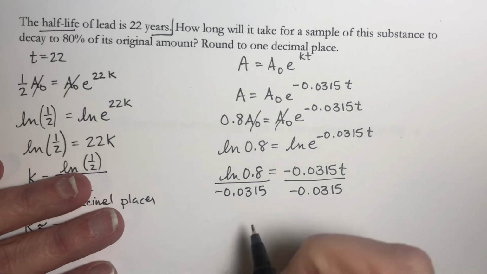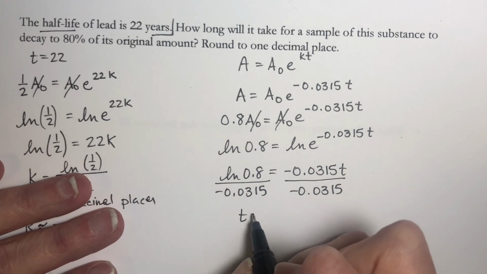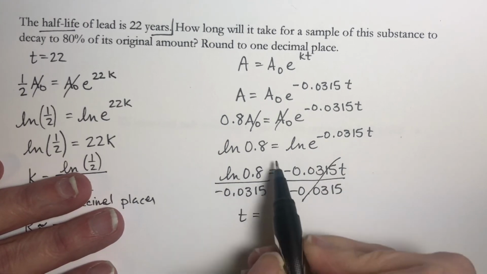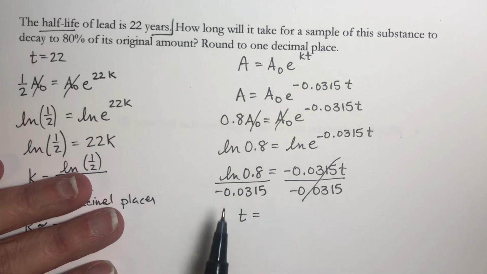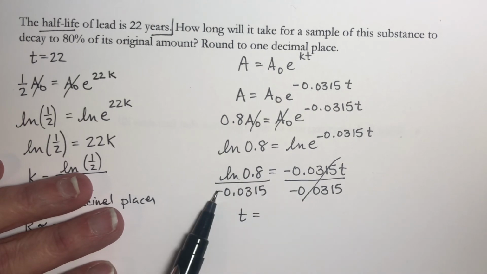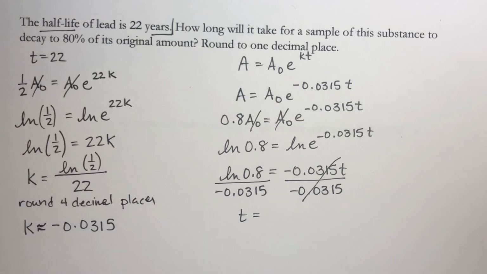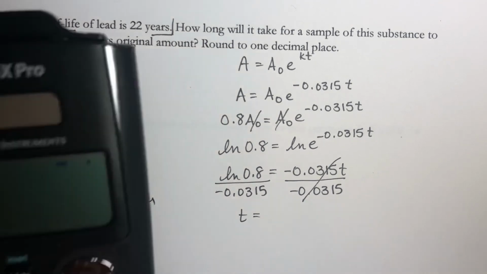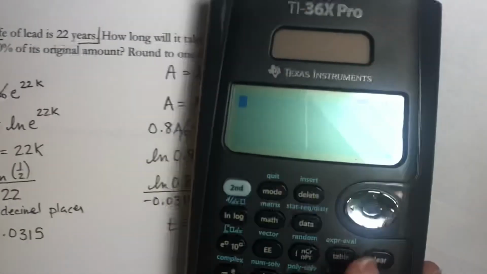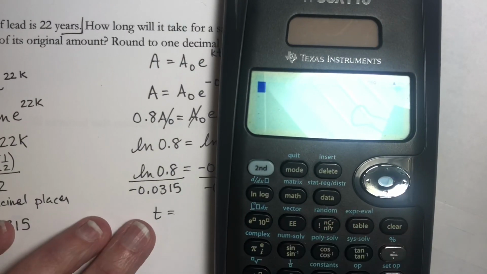Okay, so my time, let's see what we get. Now I expect time to be a positive number, and I see a negative in here. So I start to get a little bit nervous, and I'm going to watch that. I know my answer can't be negative, so I'll check for a mistake if I get something else.